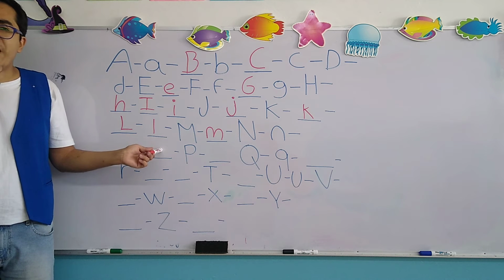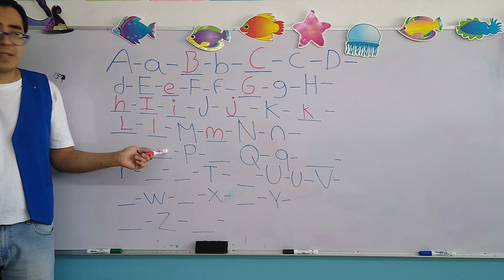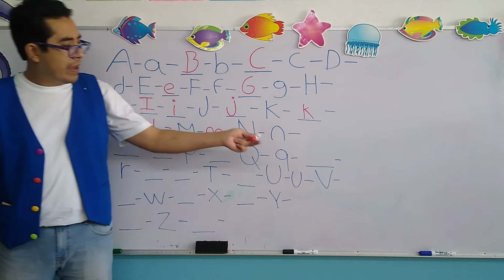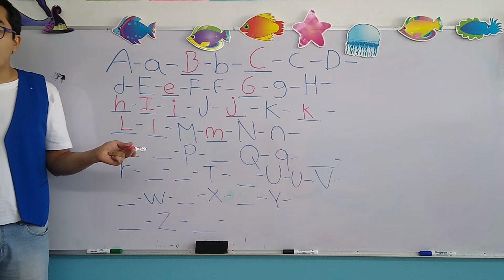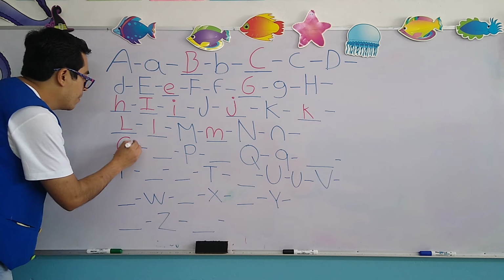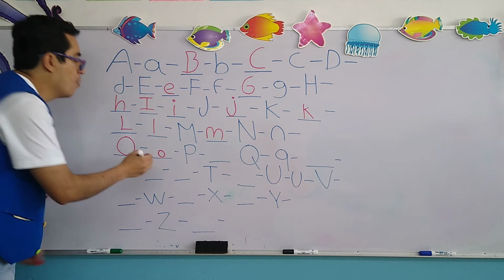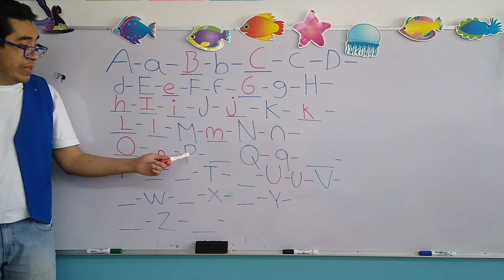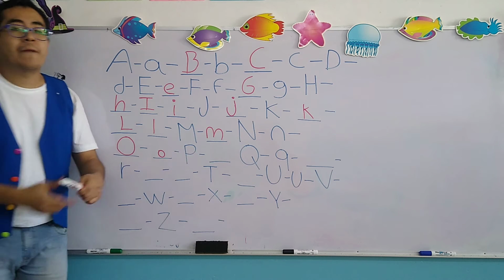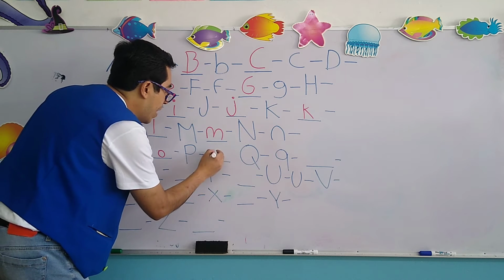Now, let's memorize and try to think what's the next letter, okay? So, L, M, N, O, of Oscar, of Osvaldo, of Oval. Capital O, small o. Capital P of Peter, small p of Pablo.